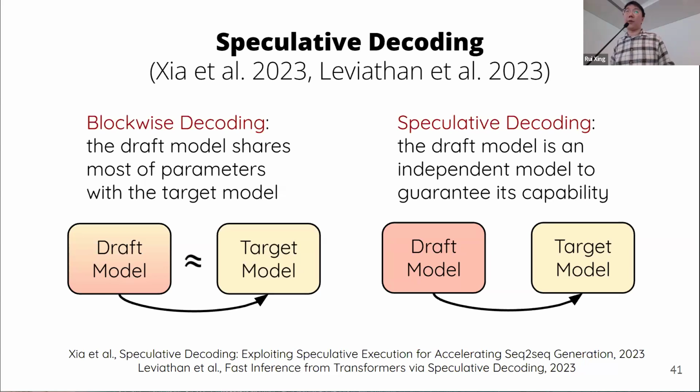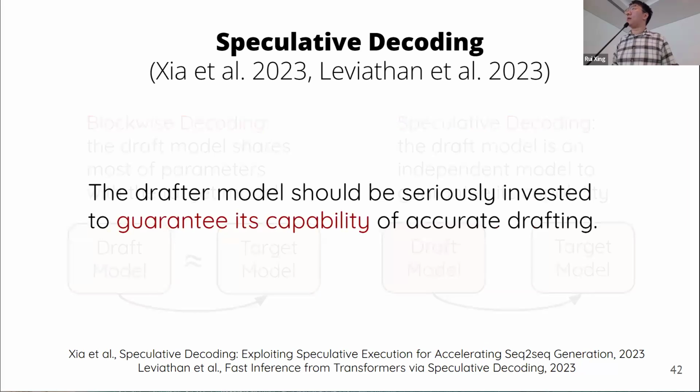Then the draft model has independent parameters, which guarantees the model's capacity. Here is the most important conclusion: the drafter model should be seriously invested in to guarantee its capacity for accurate drafting. If it does not do accurate drafting, then the draft tokens will have a lower acceptance rate, and speculative decoding will have a relatively small speed up.